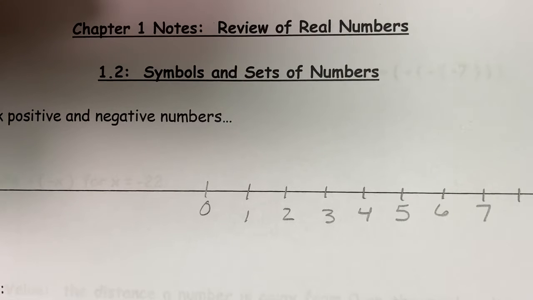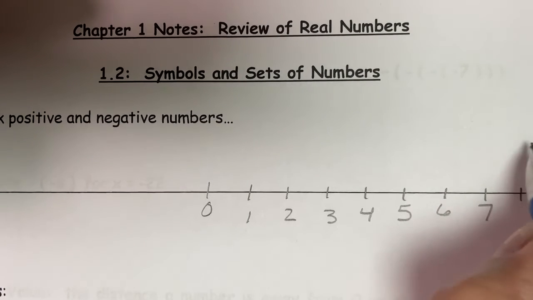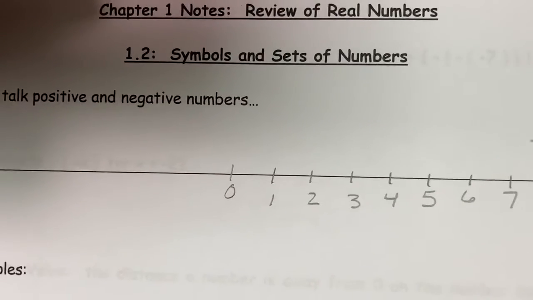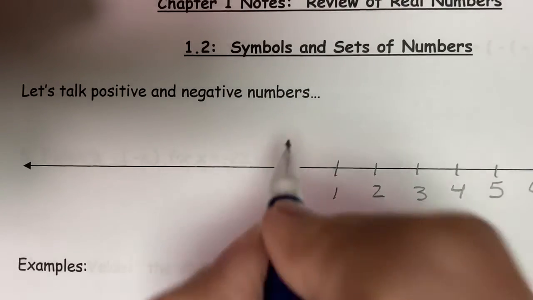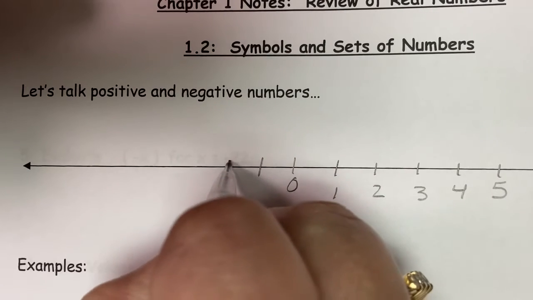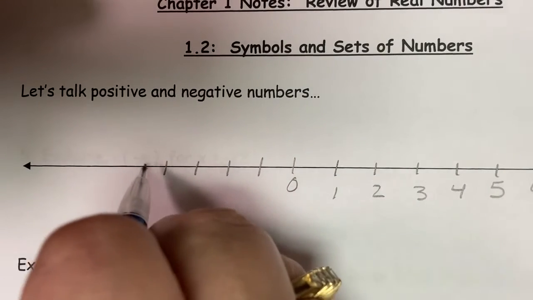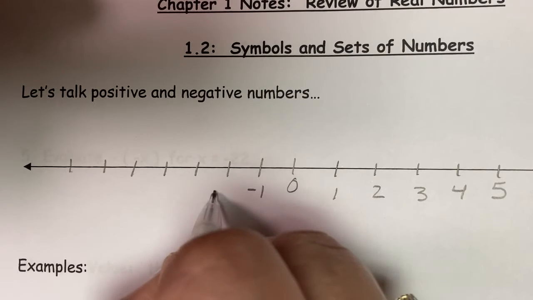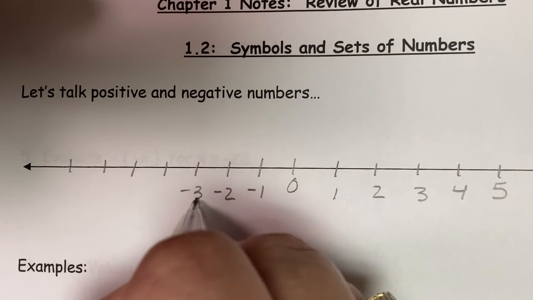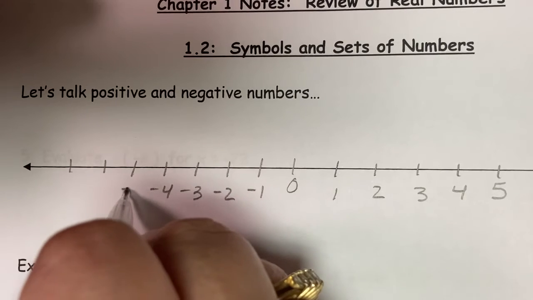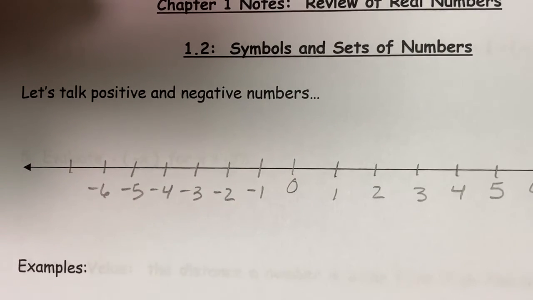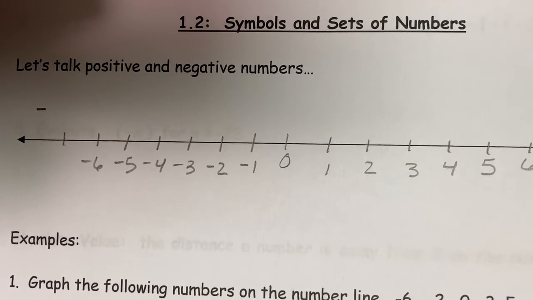And it goes on and on forever in the positive direction. As we go to the left of 0, we're going to be going in a negative direction. So we can make some tick marks and we can go, this is -1, -2, -3, -4, -5, -6, and so on. And it's again going on and on forever in a negative direction.